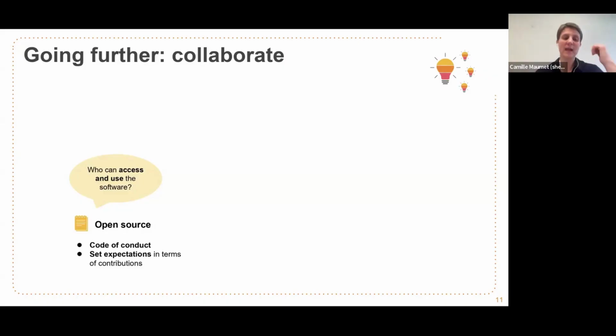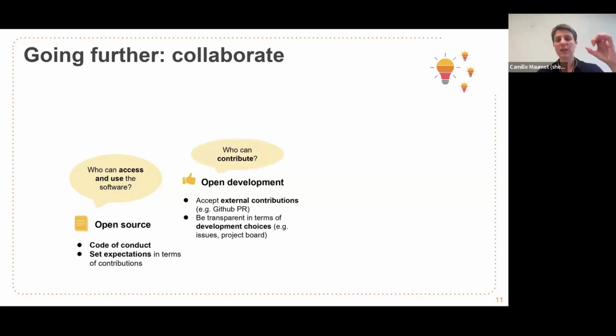Okay, so that's the first step, but let's put ourselves not in the context where we don't want to collaborate, but in the context where we want to collaborate. The next step after open source is to think about open development. Open development is no longer only about who can access and use the software, but in addition, who can contribute to that software. This includes accepting external contributions into your code base.